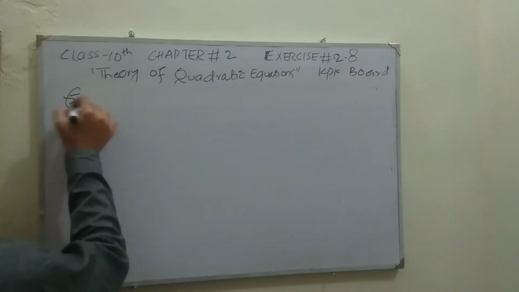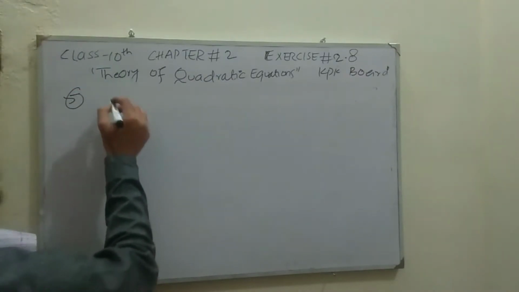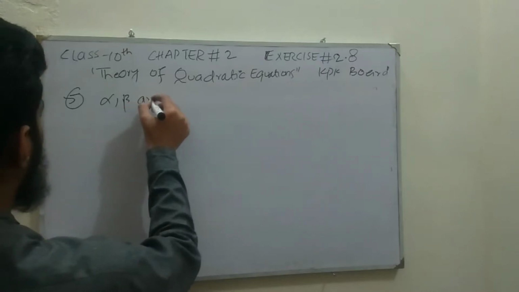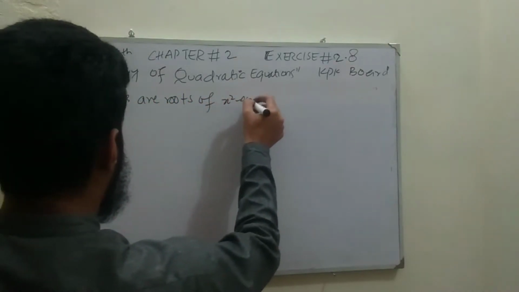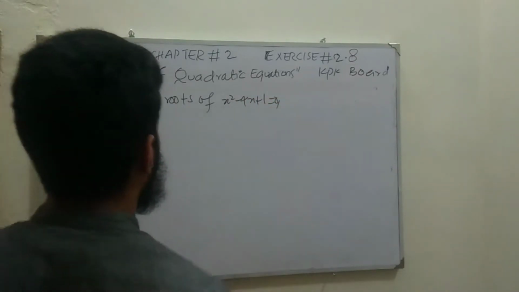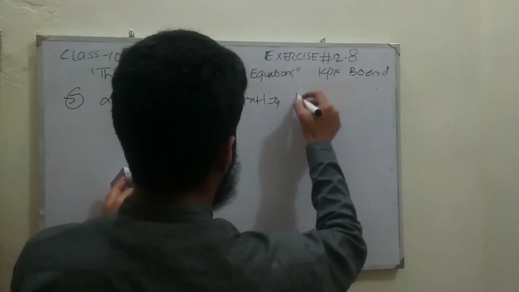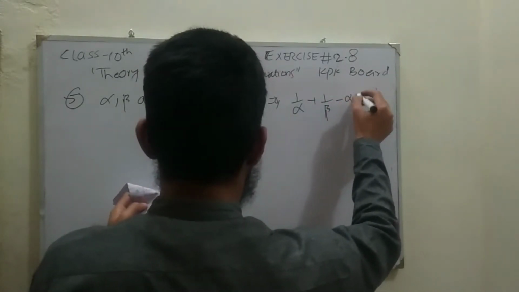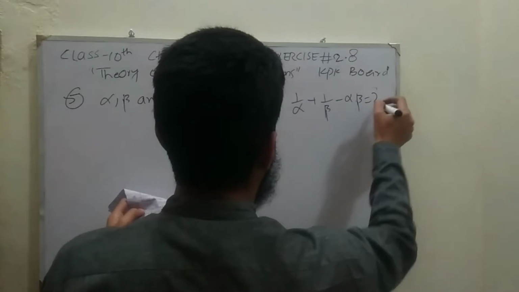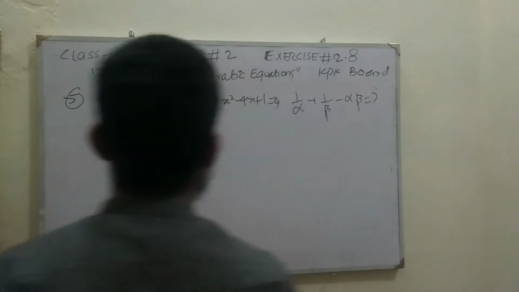Fifth question tells that if alpha and beta are the roots of x square minus 4x plus 1 is equal to 0, find the value of 1 over alpha plus 1 over beta minus alpha beta.